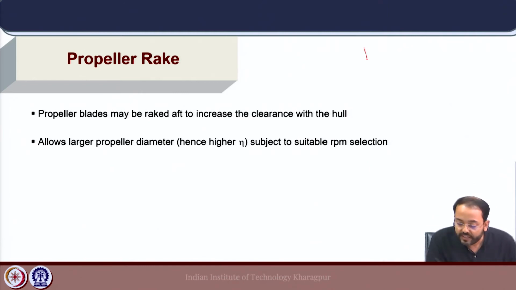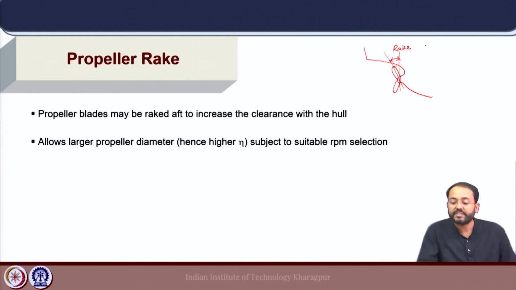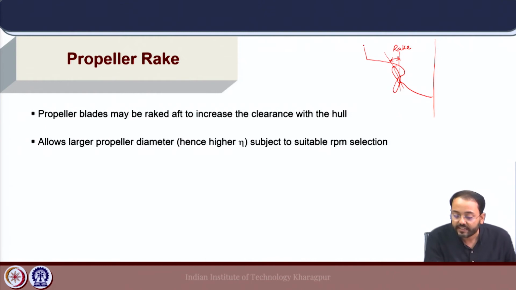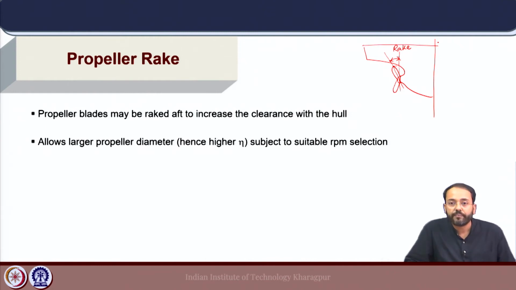So, if we simply look at the propeller blade and the rake is provided here, this angle with respect to the vertical is the rake angle that we see from the side. So, this is only the stern of the ship with the propeller.